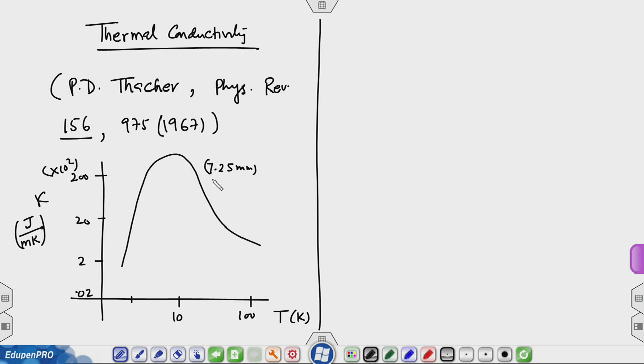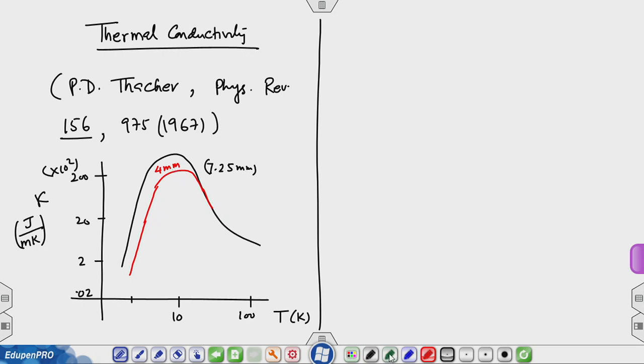Next, a sample of 4 mm is taken, and it goes parallel to this, but does not go as high and then merges with this curve. This is 4 mm size.